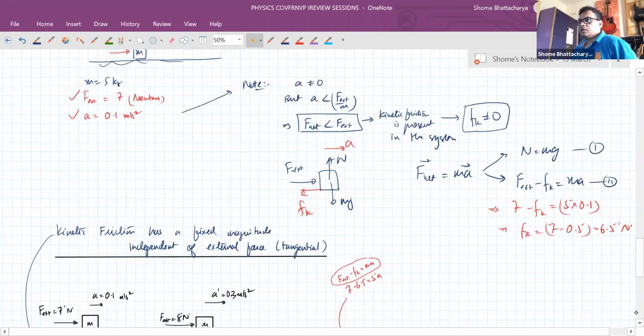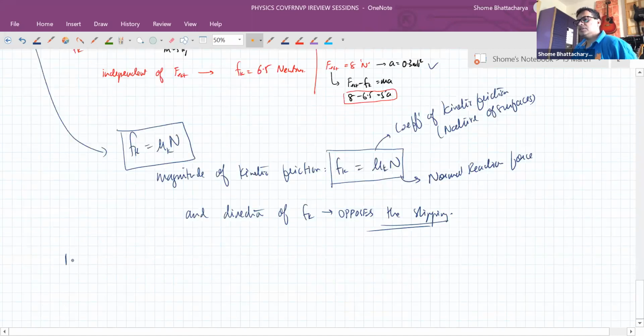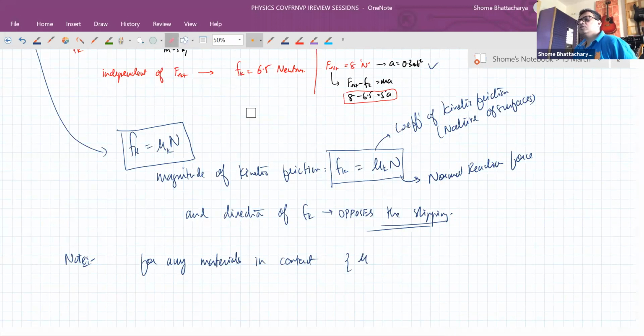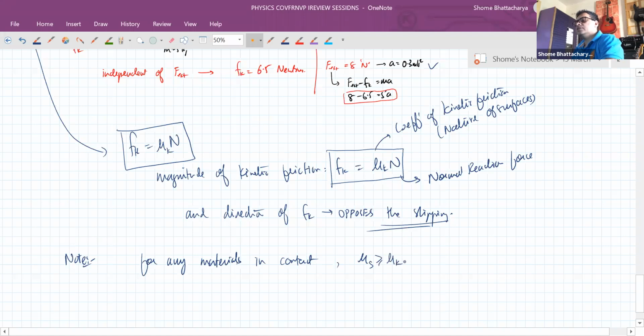Okay. Now, for any surface or any pair of surfaces, any two materials in contact, typically the coefficient of static friction will either be greater than or equal to the coefficient of kinetic friction.